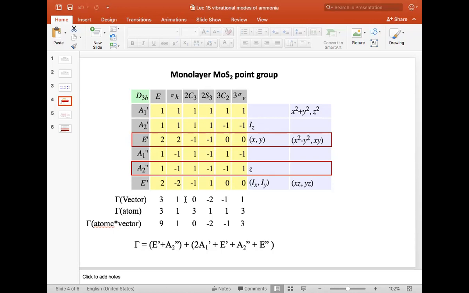There are totally 7. So this is a D3h group. How many elements do you have? You have totally 12.